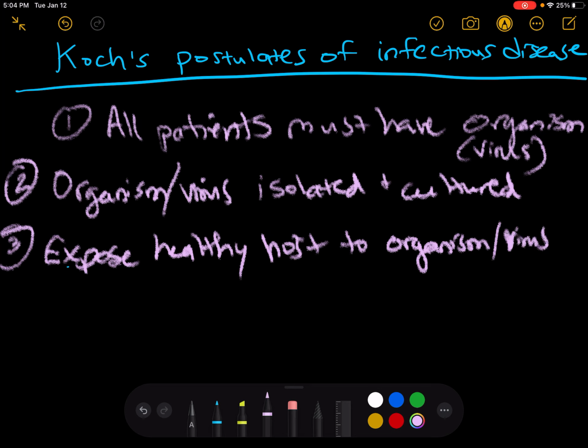And again, I'm saying organism or virus, but in the text, they refer to it as the suspected causative agent. But I'm not going to write that here because that would be difficult.